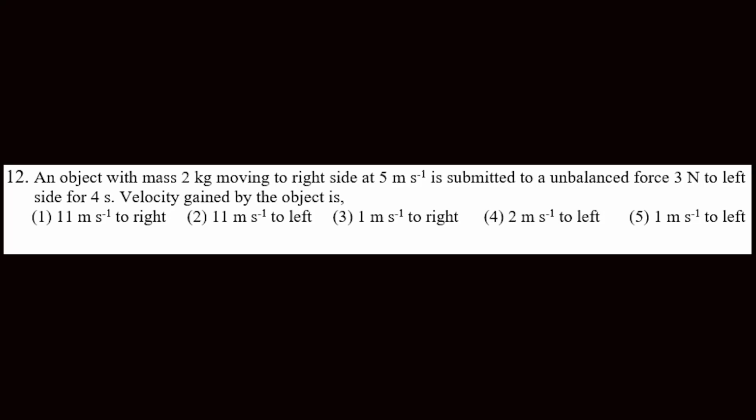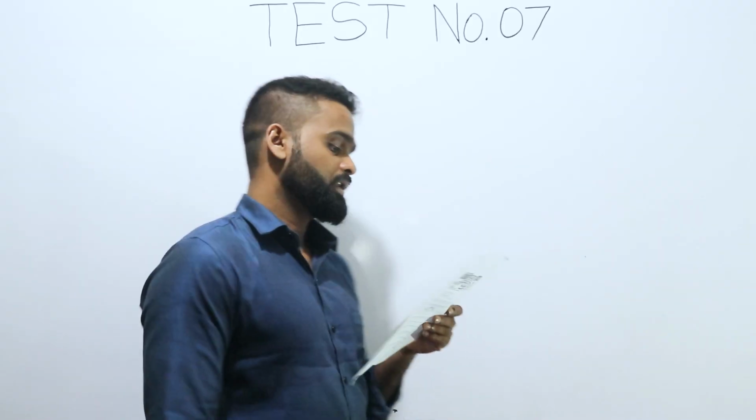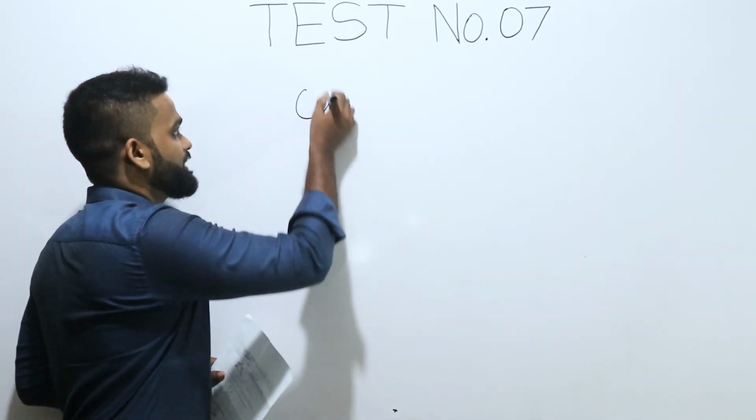the first one. An object with mass 2 kg moving to the right at 5 meters per second is subjected to a force of 3 Newton to the left for 4 seconds. Velocity gained by the object is. Okay, so we have an object with mass 2 kilogram.